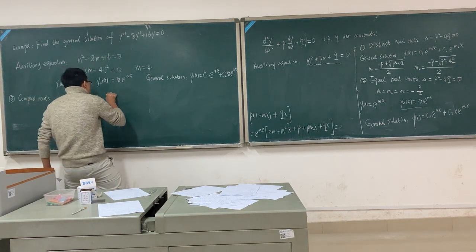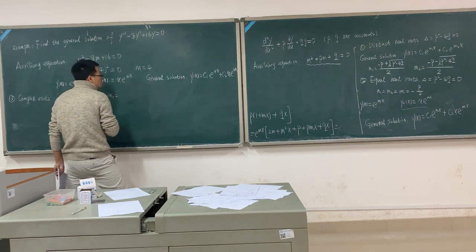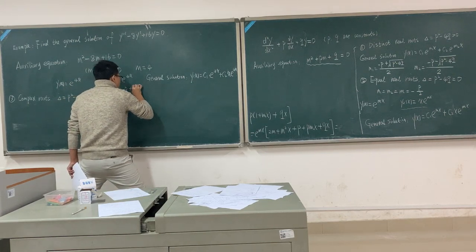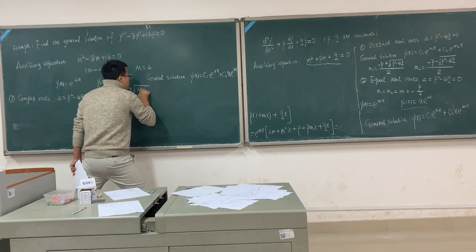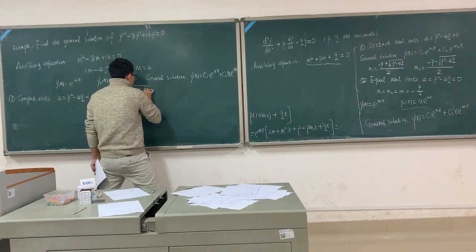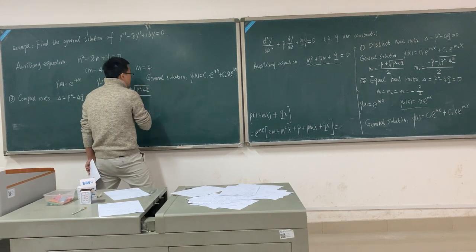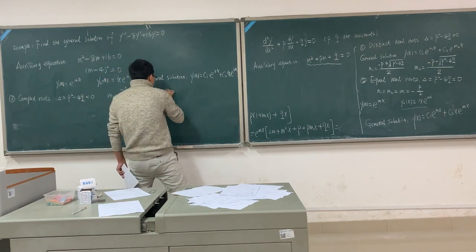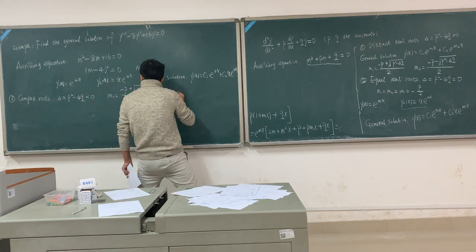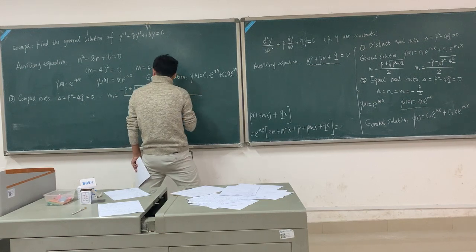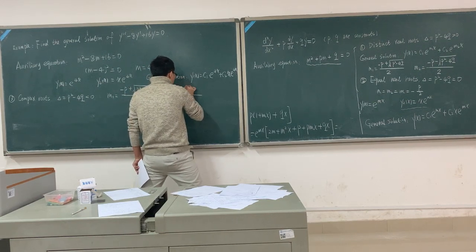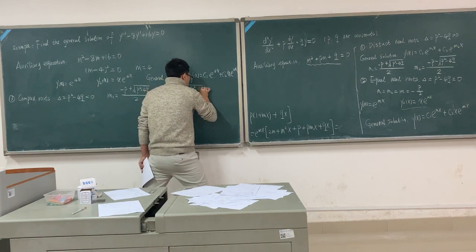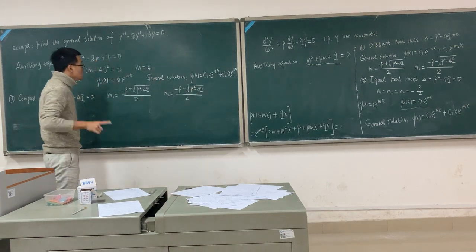So for this case we have m1 equal to minus p plus the square root of p square minus 4q, over 2. The second is m2 equal to minus p minus the square root of p square minus 4q, over 2.